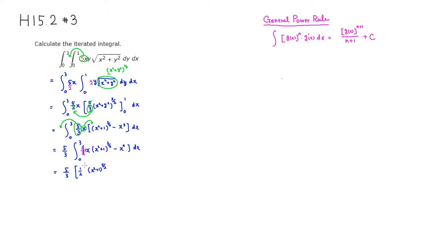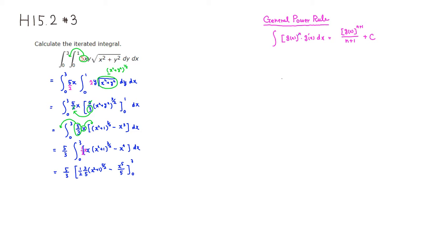Then divide by 5/2, which is equivalent to multiplying by 2/5. And a minus: the antiderivative of x to the 4th is x to the 5th power over 5. Then you're going from 0 to 3.